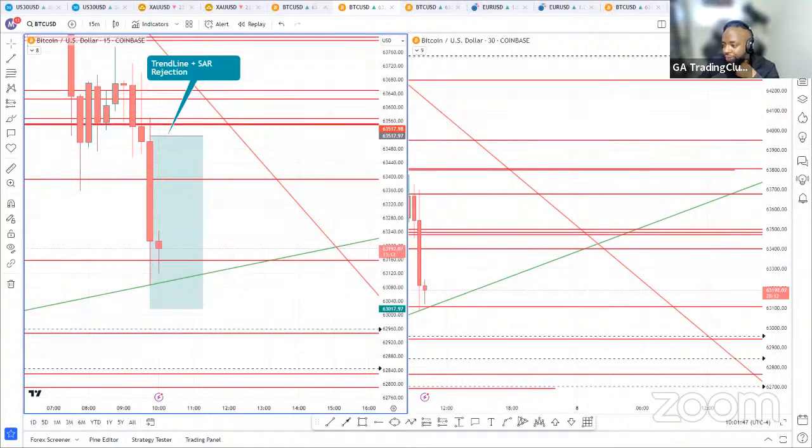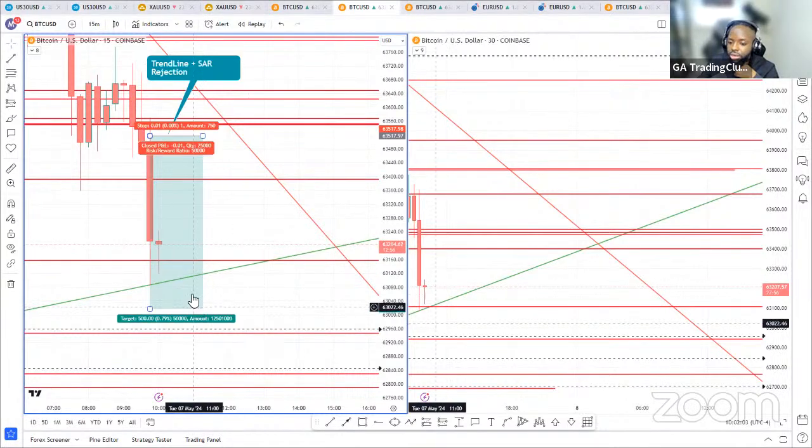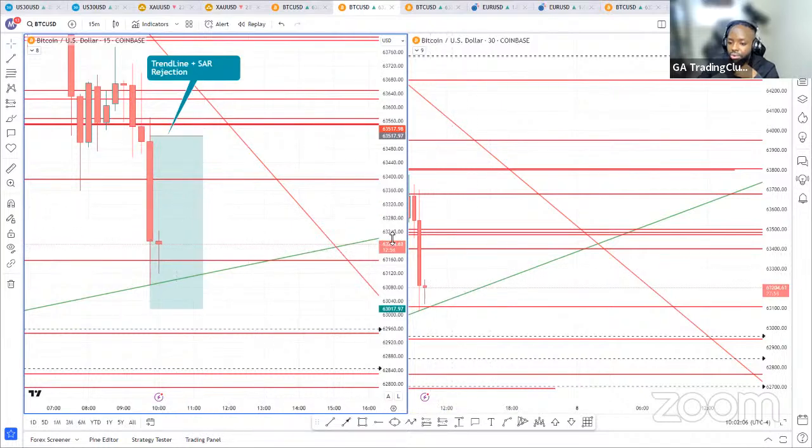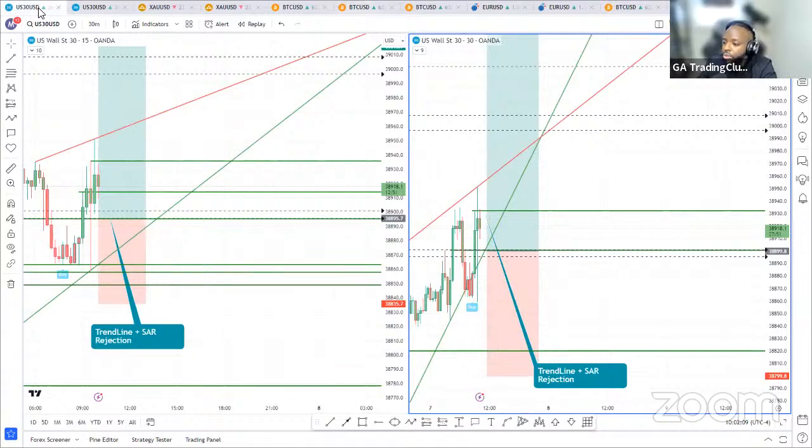On the 5 minute, it's more of equal lows, but we don't want to see those wicks forming on the 5 minute time frame. If those wicks keep forming, we'll reverse back up for BTC. I would have wanted to see a quick spike down during that hourly interchange, but anyway, we didn't get that.